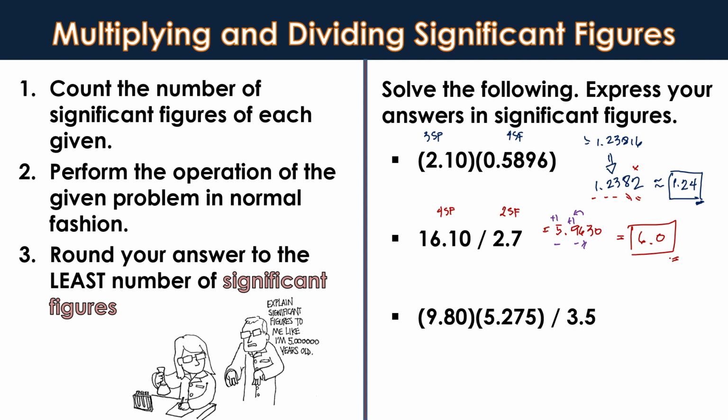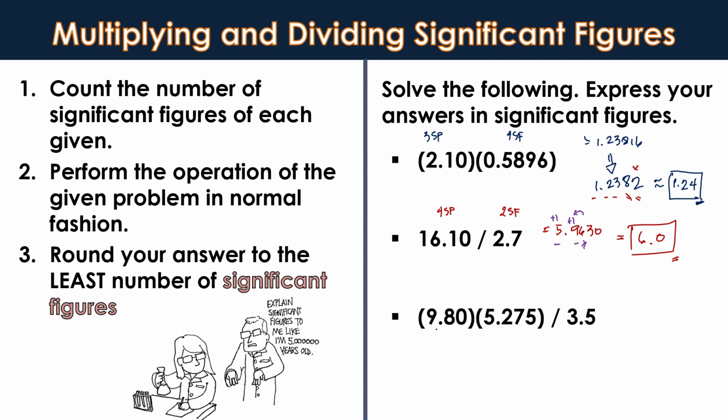Bakit natin consider yung 0? Para mapakita natin that our final answer is in 2 significant figures. Kasi kung 6 lang, edi syempre 1 significant lang yan. So, yung 0, since it is a trailing 0, it will be considered as a significant counting into the required number of significance na meron tayo dapat.